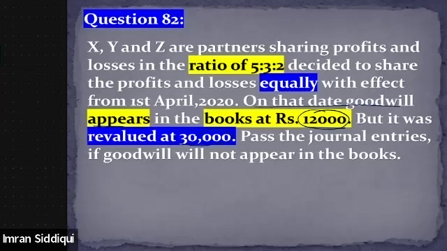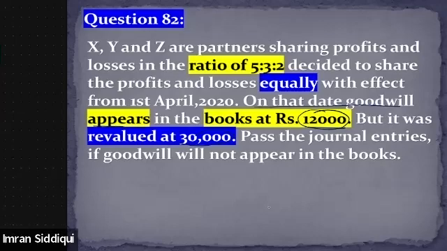Okay, right. And what is the amount debited to the gaining partners capital account? Who is the gaining partner here, and who is the sacrificing partner? Y and Z are the gaining and X is the sacrificing. Okay, so yeah, that is right.